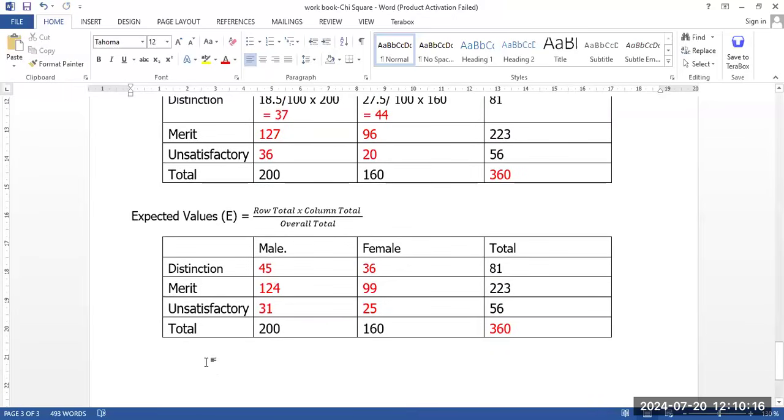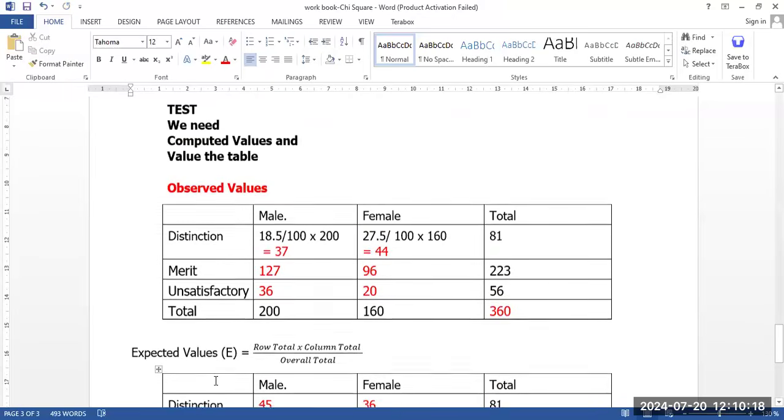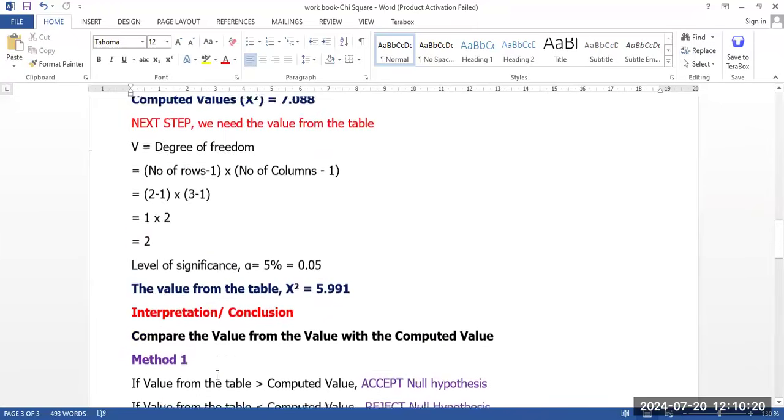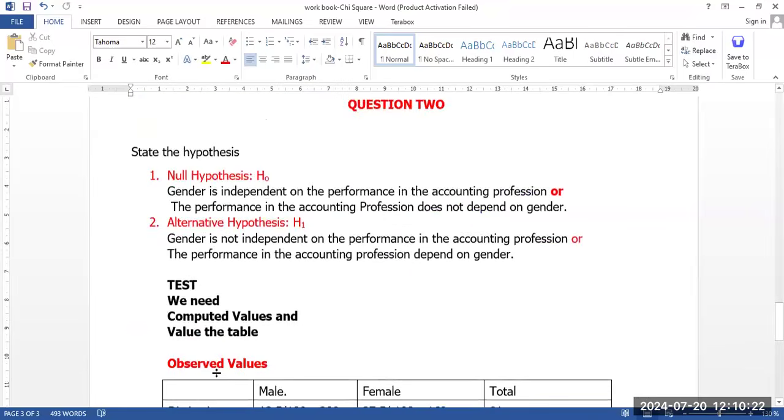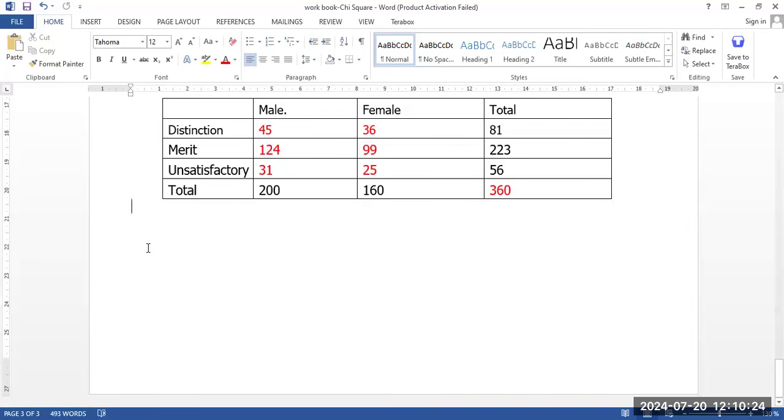Once you do that, the next is to draw this table to get the computed value, that is x squared.